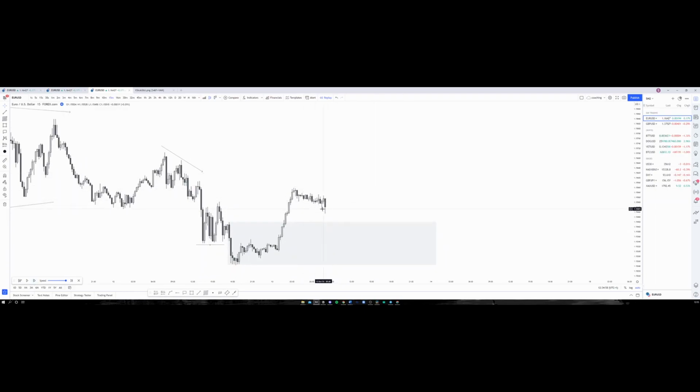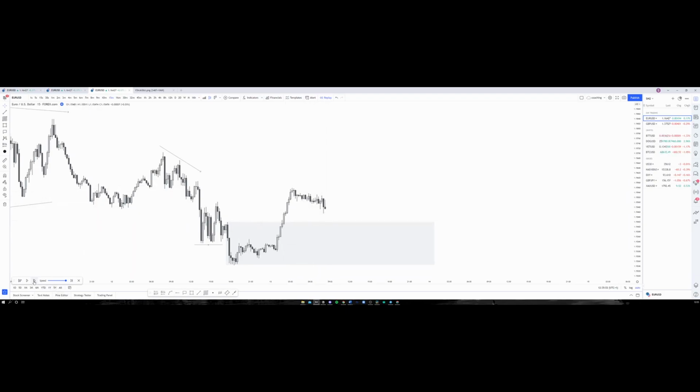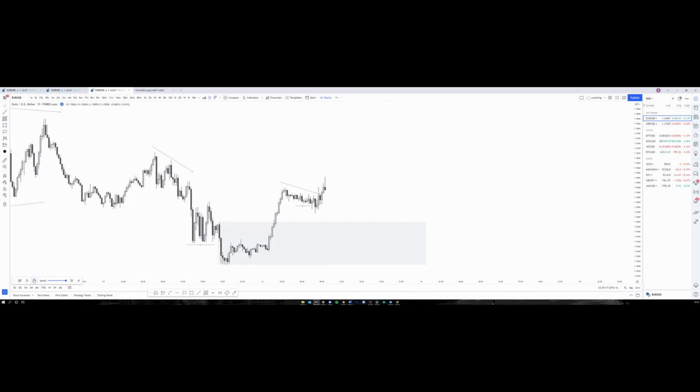The market has more available liquidity above here than it does below this low, so the market moves to the upside, runs liquidity wherever you want to put it below here, and then moves to the upside.